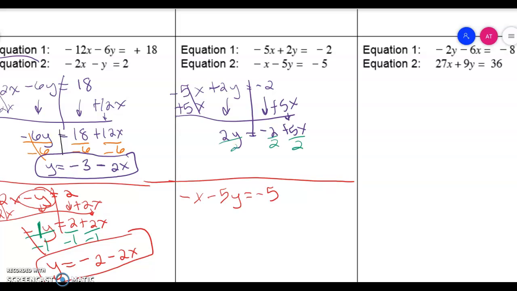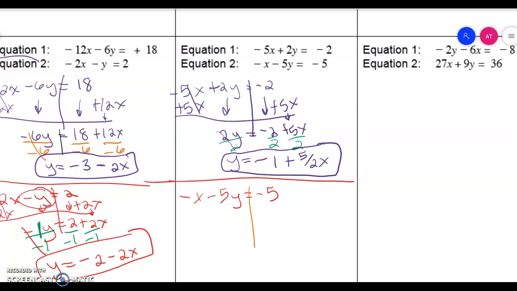So make sure you divide everything by 2, because that's what's attached to the y. A negative divided by a positive is a negative. 2 divided by 2 is 1. And since 5 doesn't go into 2, we're just going to leave it as is. So you should have gotten y equals -1 plus 5 over 2x, or 5 over 2x minus 1, if you flipped it.